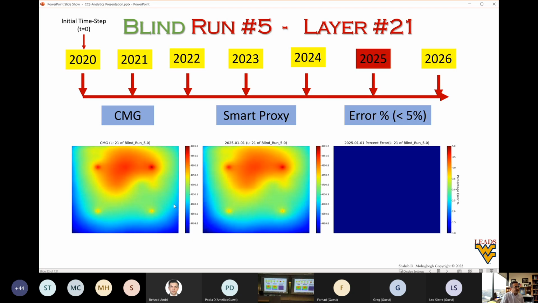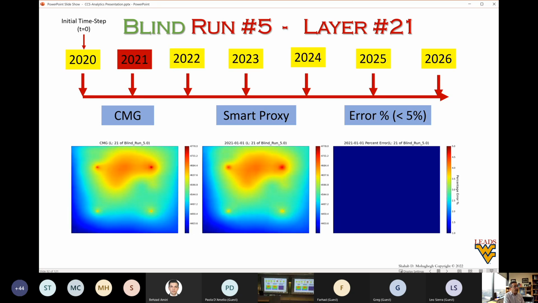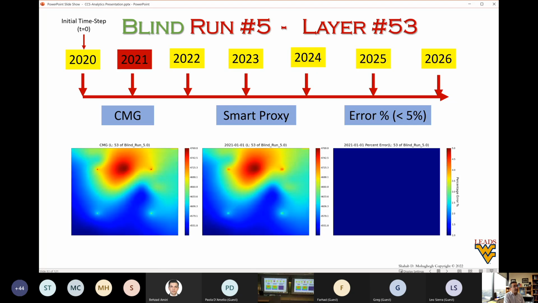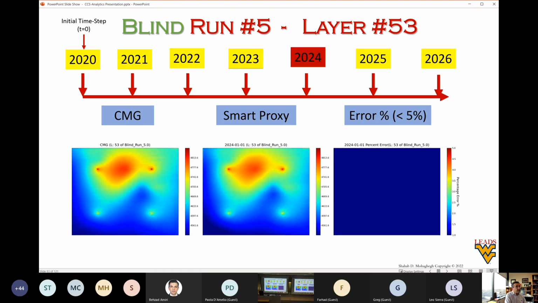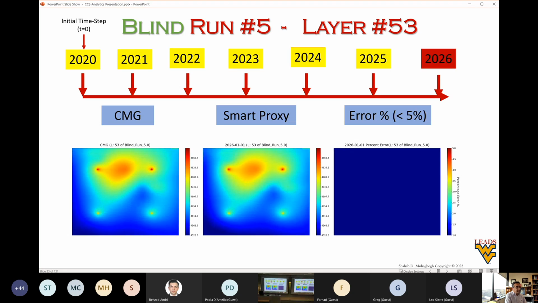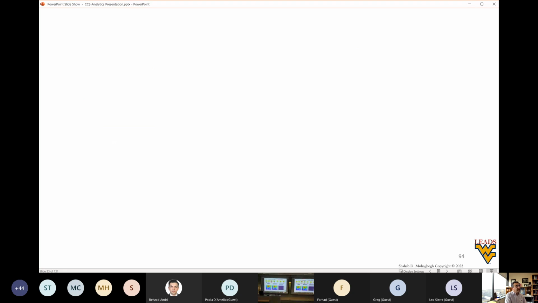You can see that's layer 21. Next is layer 23. Forwards again. You can see the difference between them.